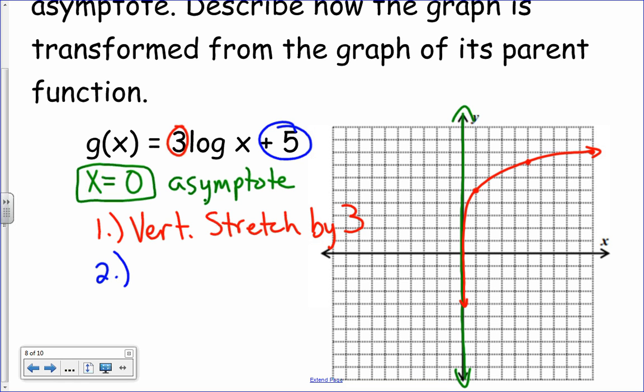Some kind of shift translation. Since it's outside, it's a vertical translation or a vertical shift. And this time, it goes up 5. It's really hard to see how they move from their parent when there's a stretch because that alters the shape of the graph. But those are the 2 different transformations there.